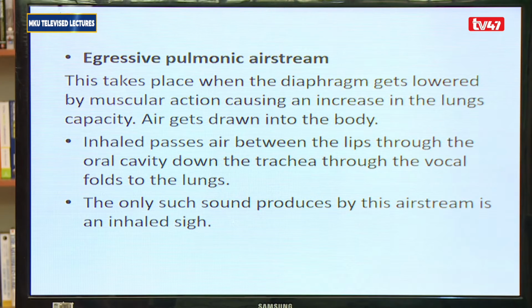So whatever air is inhaled passes through the lips, through the oral cavity, down the trachea, through the folds of the lungs. The only sound that is produced in such a way is the inhaled sigh.